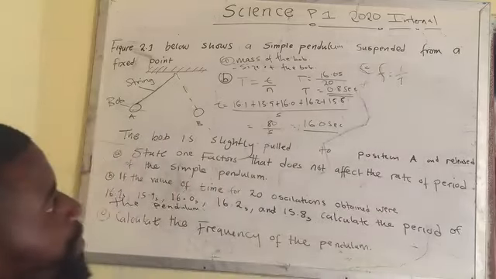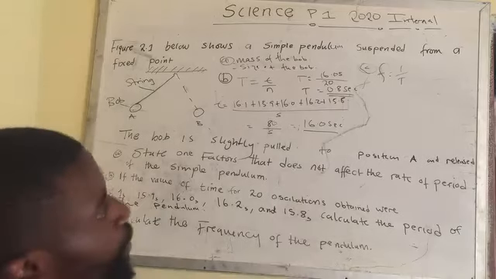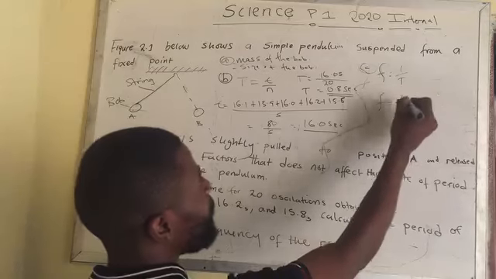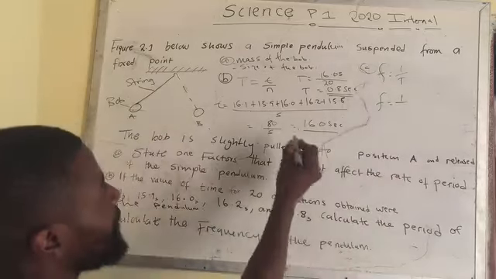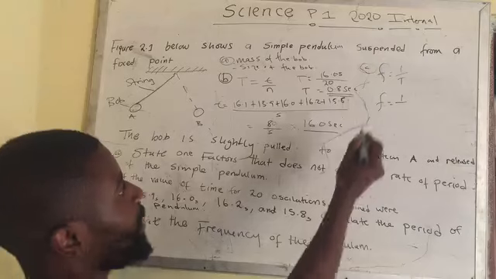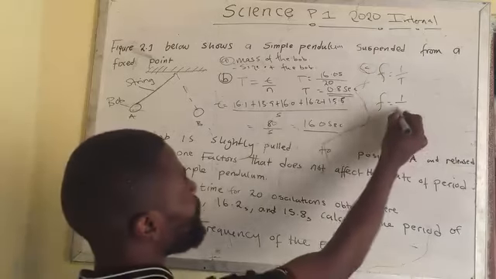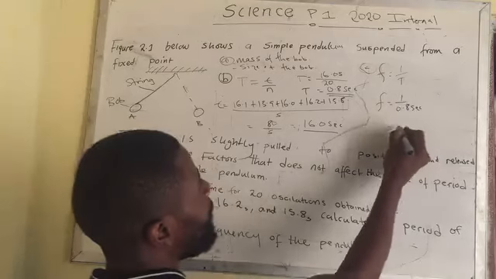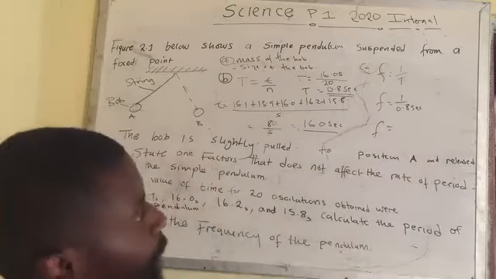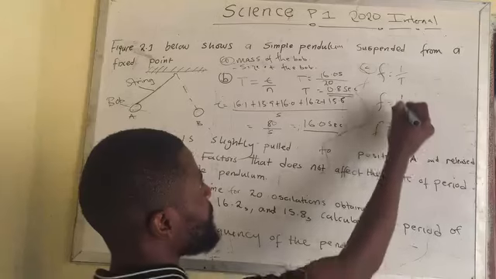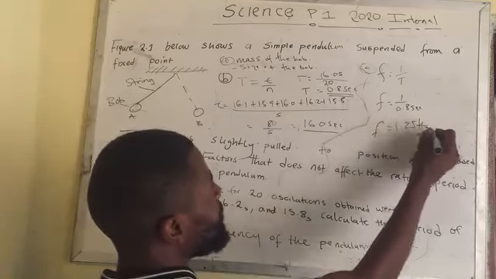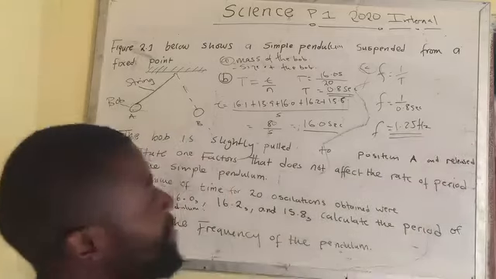So we say frequency equals 1 over capital letter T. We won't use the 16, we'll use the 0.8, because that is the period. If you divide, it will give us 1.25 hertz, because frequency is measured in hertz, which is Hz.